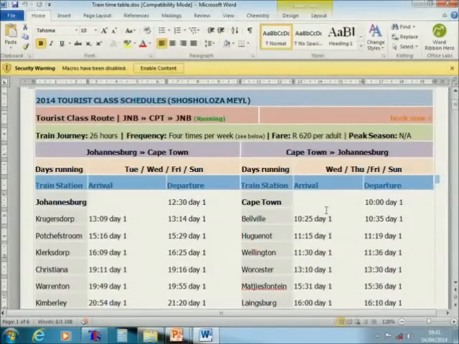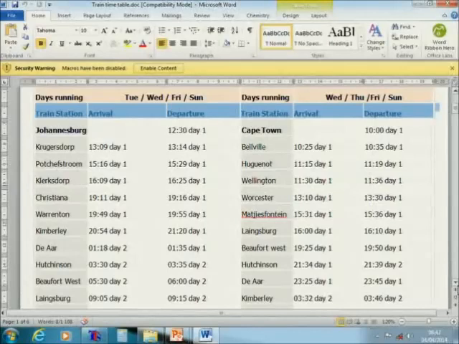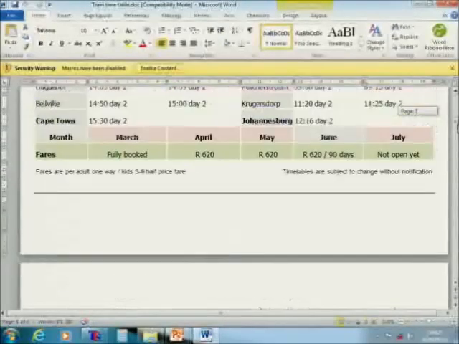The same with Cape Town. Now we'll concentrate on the times when we deal with our activities. An important factor here: when does the train depart in Johannesburg? The first departure time is 12:30. But when we look at Cape Town, the departure is 10 o'clock in the morning. Good. So it's different stations where the train will be leaving.